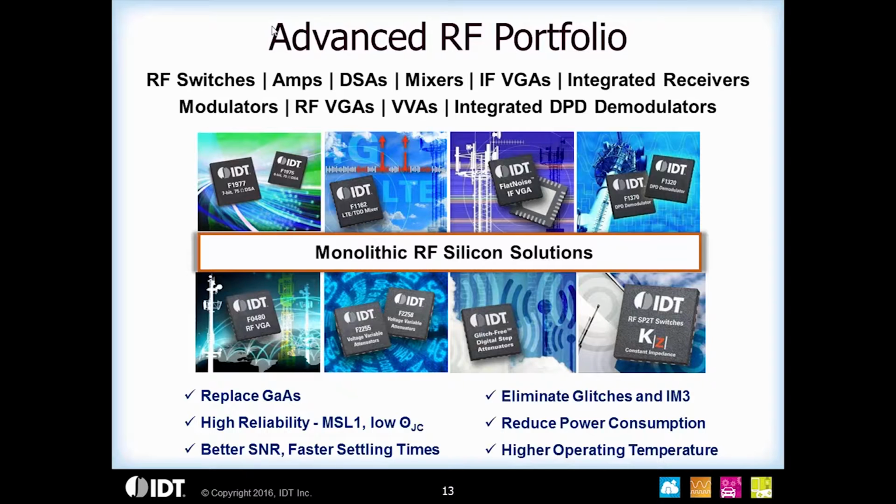In all of these products, we are providing you high reliability, better signal-to-noise ratio, faster settling times, eliminating glitches as well as third order intermodulation products, reducing power consumption, and higher operating temperature.